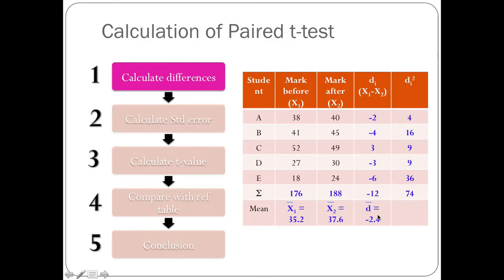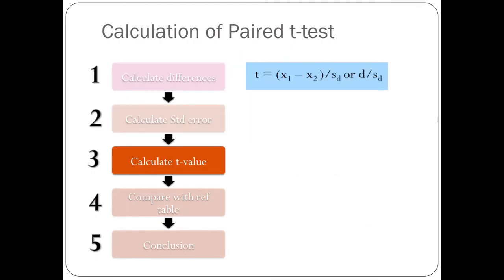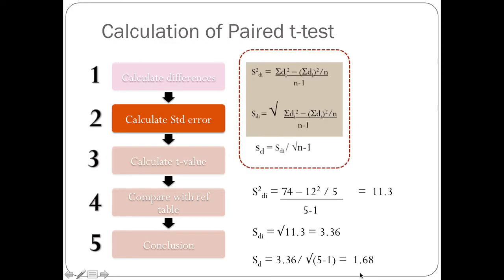This is the mean of your x1 minus x2, negative 2.4. So negative 2.4 divided by your standard error, which is 1.68.